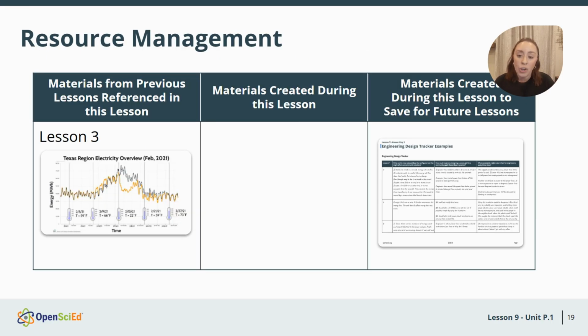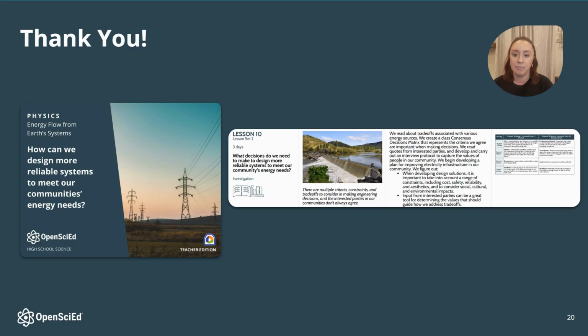And then there aren't additional posters that we make and need to manage in this lesson, but we do go back to these graphs from lesson 3, so it might be handy to have students pull those out. And we will update our engineering design tracker and continue to use it in the next lesson.